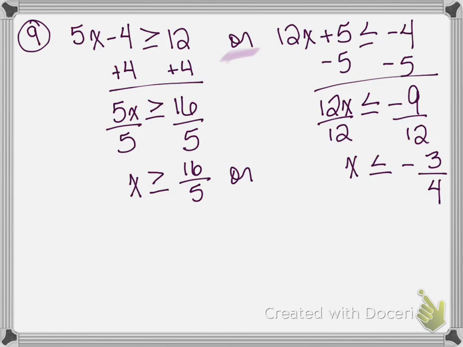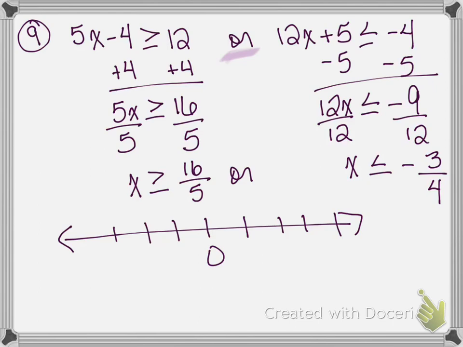Because when I do the number line, so 1, 2, 3, 4. When I do the number line, and I've got x is greater than or equal to 16 over 5, 16 over 5 is just past positive 3. And that goes to positive infinity because this is x is greater than or equal to 16 over 5.